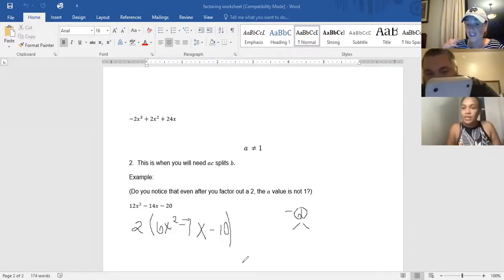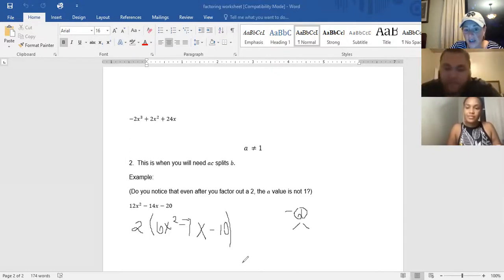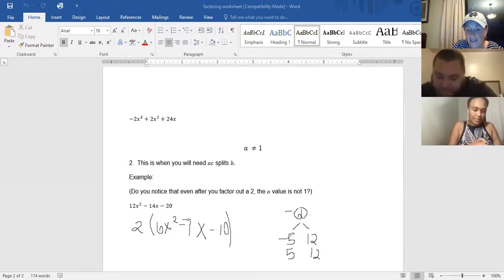It gives you all the factors. Isn't that cool? So this way you can pretty quickly figure out, I think it's probably going to be 5 and 12. That's really nice if you can do that in your calculator, because it'll give you all the factors really fast. And then one's positive and one's negative.